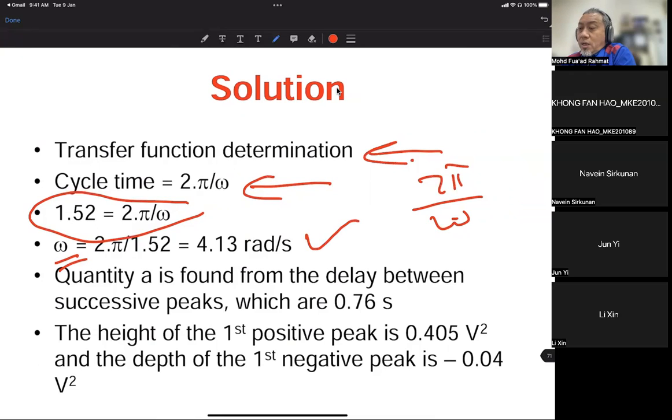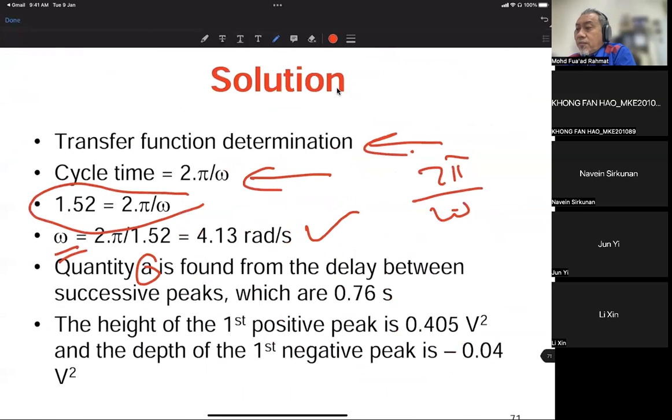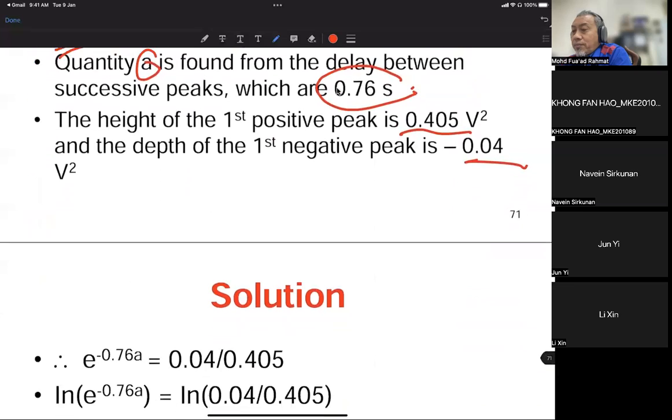The quantity A is found from the delay between successive peaks, which is 0.76. The height of the first positive peak is 0.405, and the depth of the first negative peak is minus 0.04.